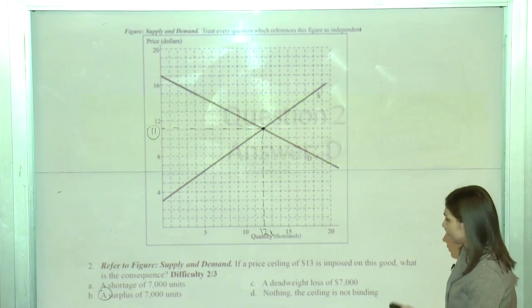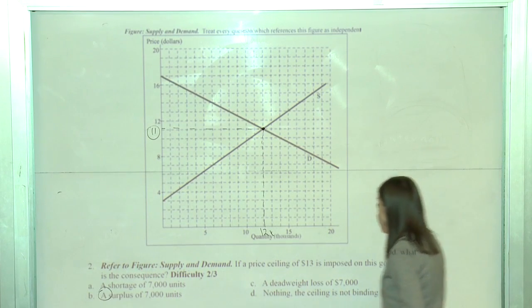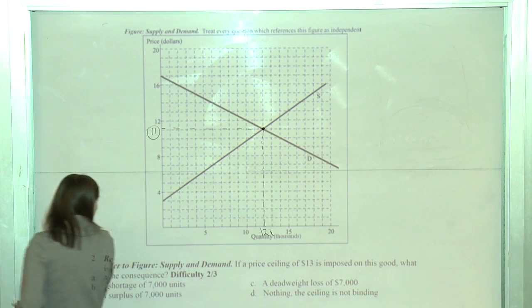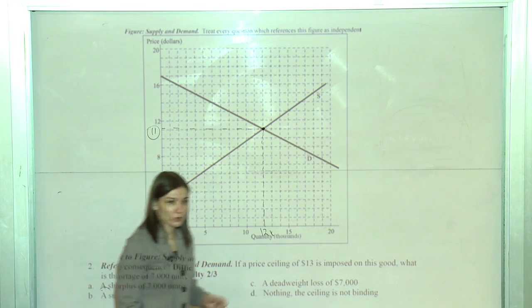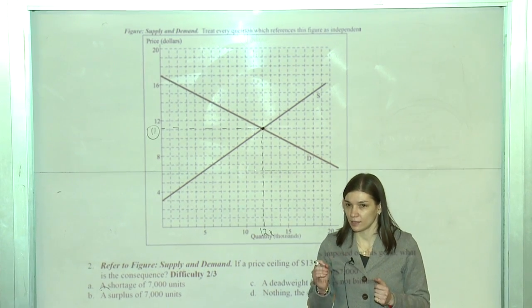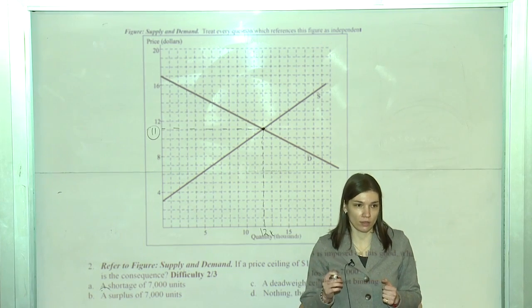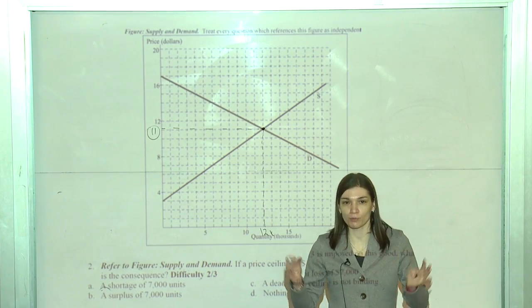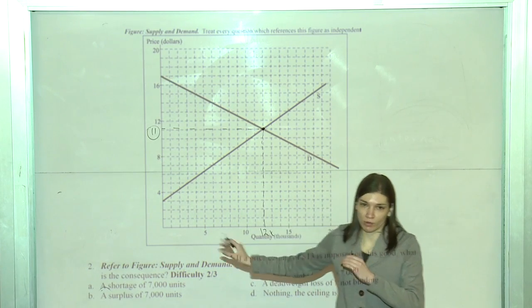Okay, sorry. Next question. If a price ceiling of $13 is imposed on this good, what is the consequence? Okay, so first of all, we have a price ceiling. What does that say? It says we cannot sell this good for more than $13, right? So first of all, interpretation. A price ceiling means we cannot sell for more than whatever the price ceiling is.